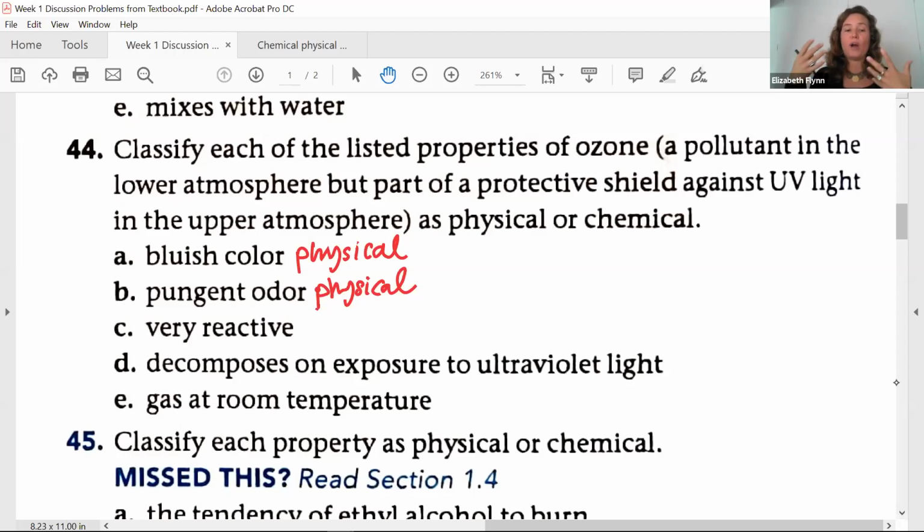So it's a physical property. But the fact that it's very reactive means it had to undergo a reaction for us to know that. So it had to change the chemical structure to know this property. So that must be a chemical property.